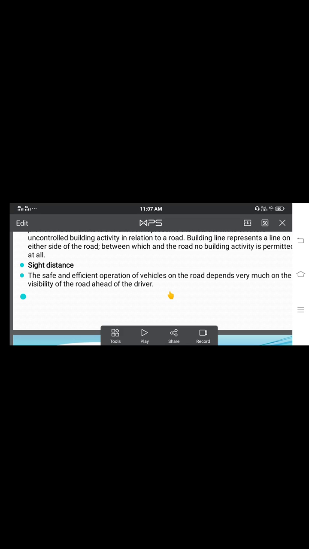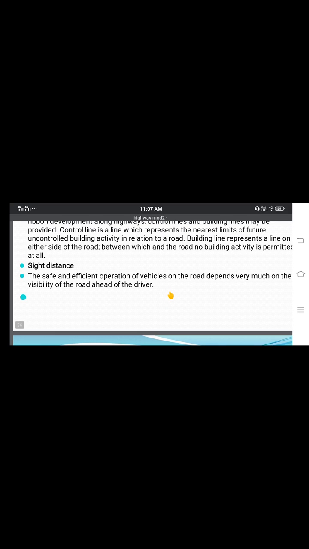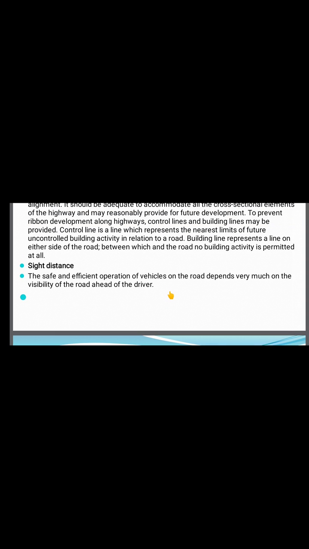Safe and efficient operation of the vehicle on the road depends very much on the visibility of the road ahead of the driver. Means the user of the road, that is the driver, should get such visibility on the road that he can overtake, he can stop the vehicle, he can move the vehicle.